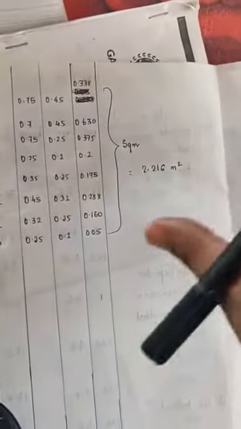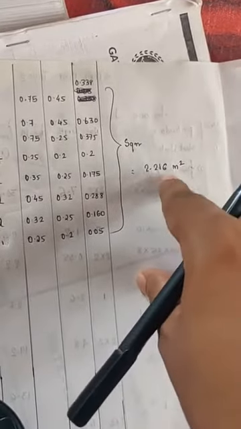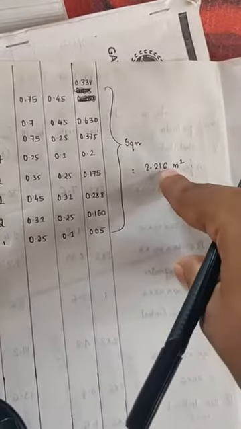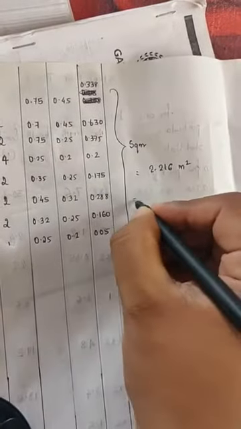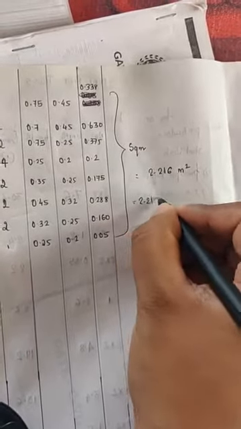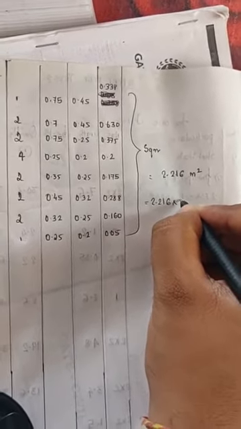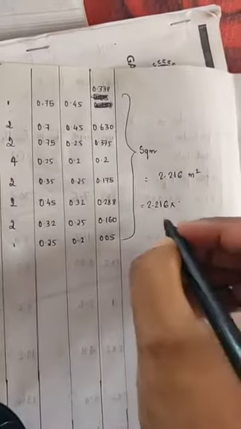To convert this area to volume, what should I multiply this with? 2.216, into, we did not consider anywhere the thickness of the gusset plate here. Now you multiply the thickness.